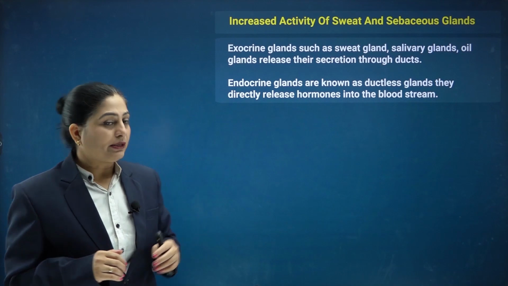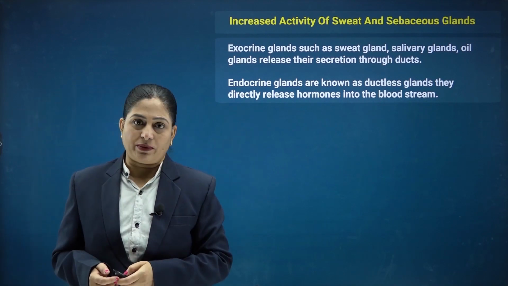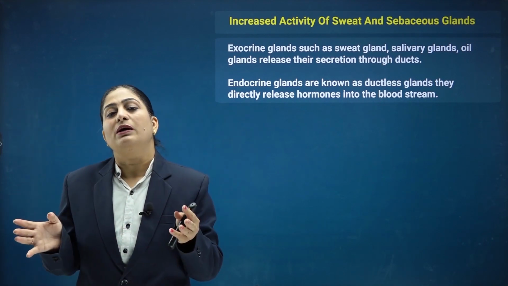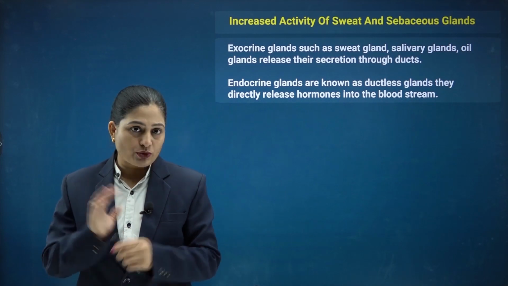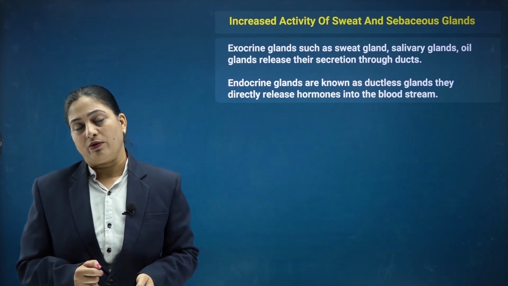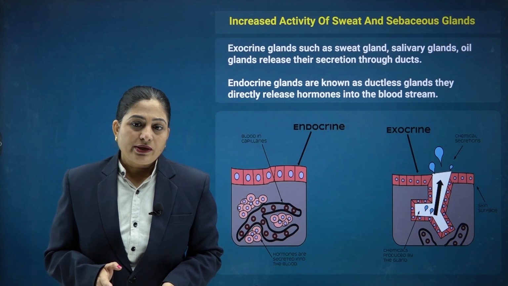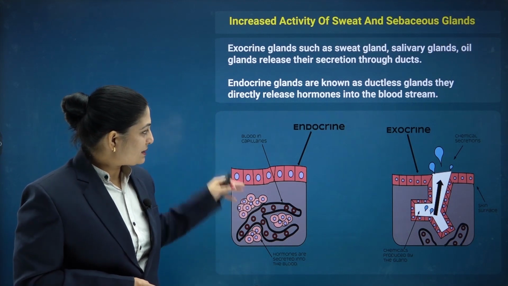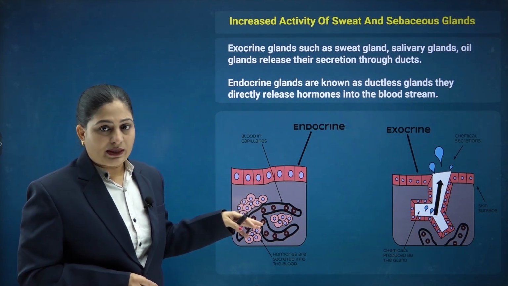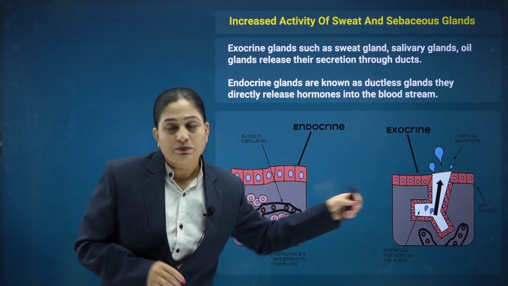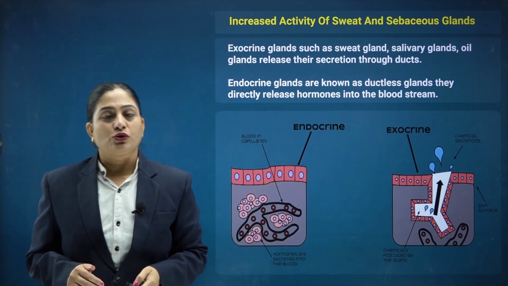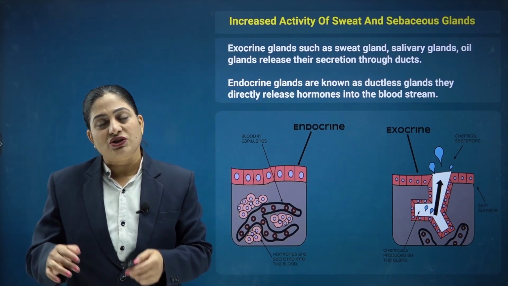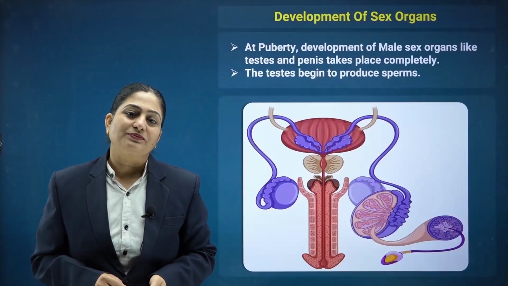Rather, they directly release their hormones into the bloodstream, so it reaches all of the body uniformly. Here you can see the endocrine glands directly pass into the blood capillaries, whereas exocrine glands have specific ducts and tubes through which these secretions pass.